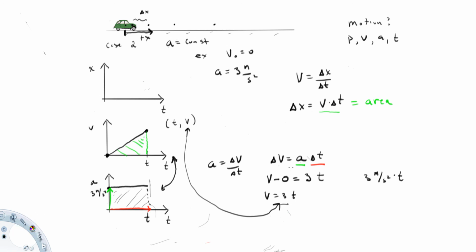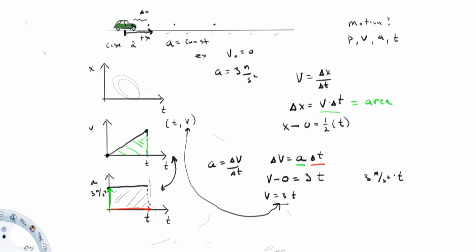Now delta x is x final minus x initial. At t equals 0, we look here. The initial x coordinate of this car is 0. Now, we're going to use the area here, and that's a triangle. So one half, the base, is what we're calling t. It's this distance.